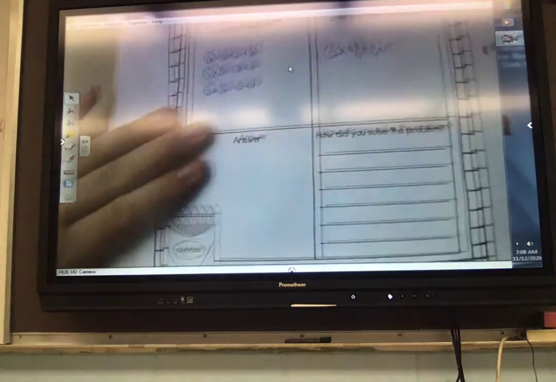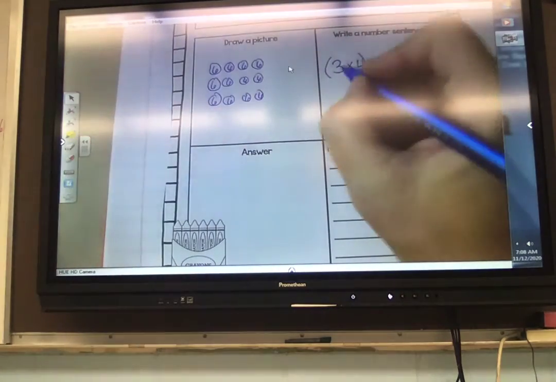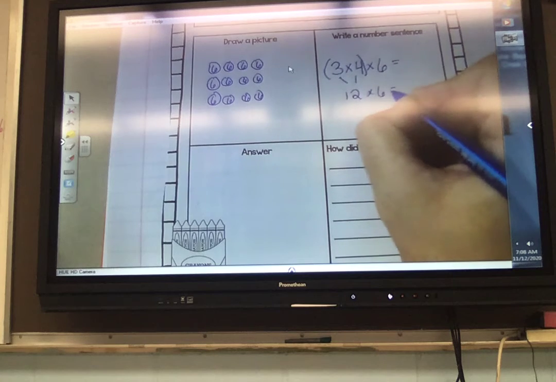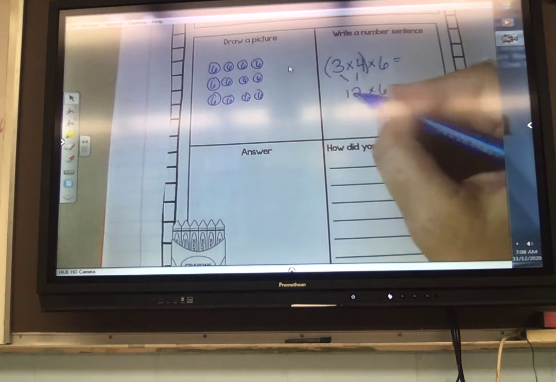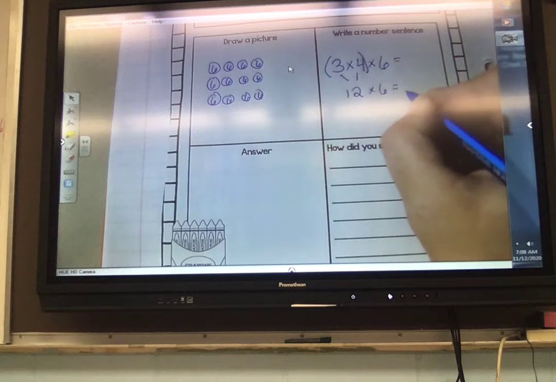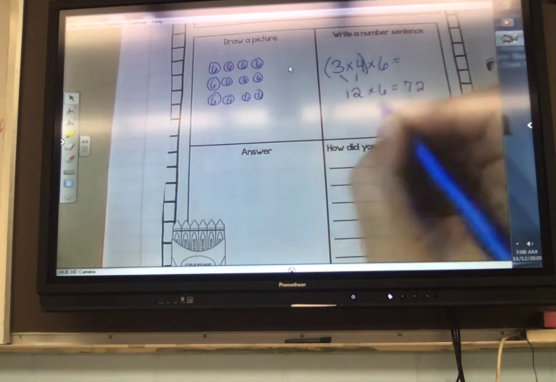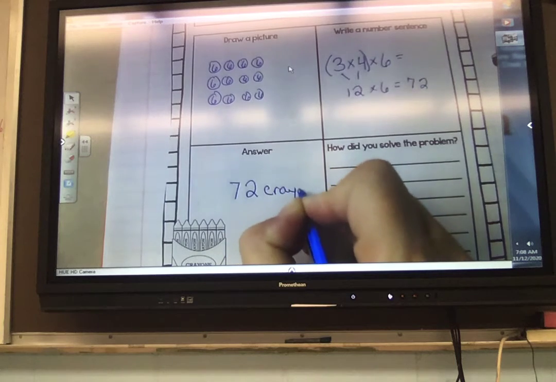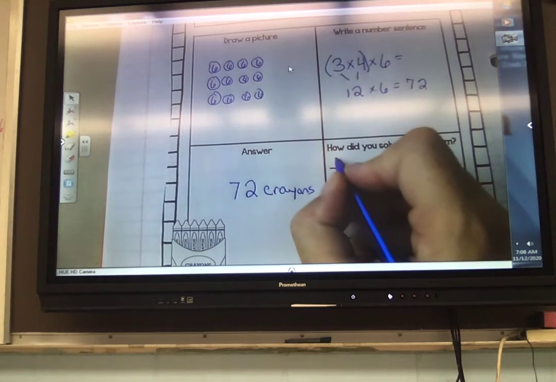So now we're going to actually answer it. So we know 3 times 4 is 12 times 6. We're working on our 6s, and most everybody's got this one down. 12 times 6 we know is 72. So my answer is there are 72 crayons. How did I solve the problem?